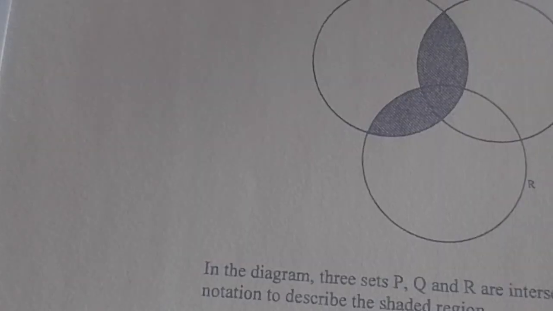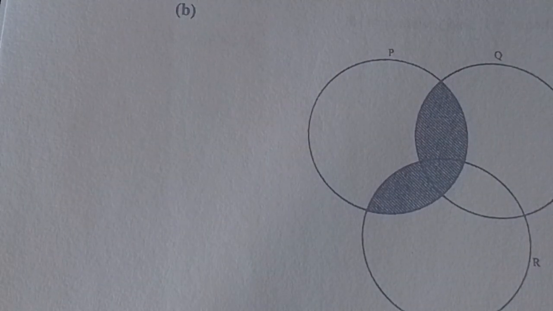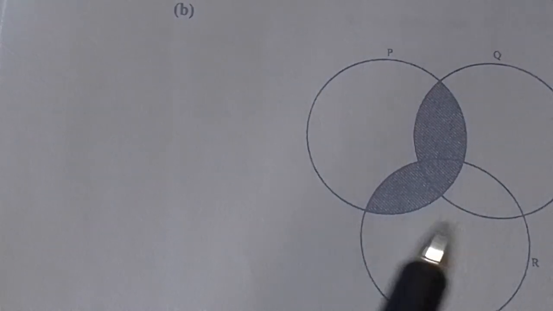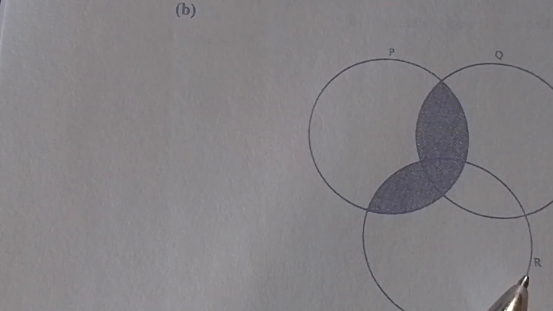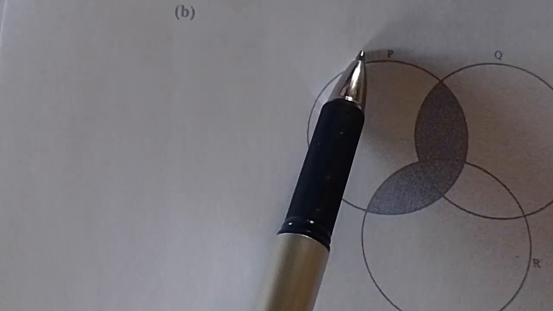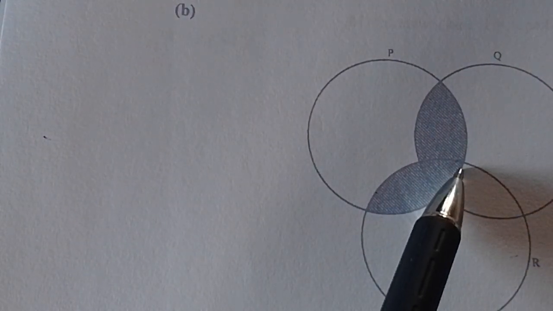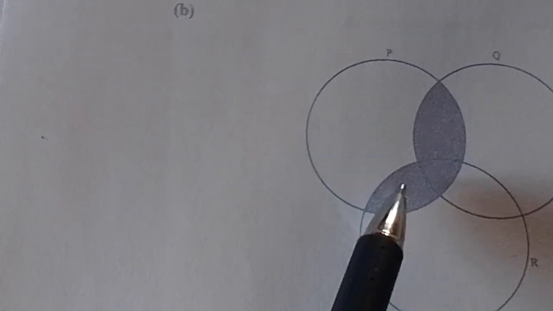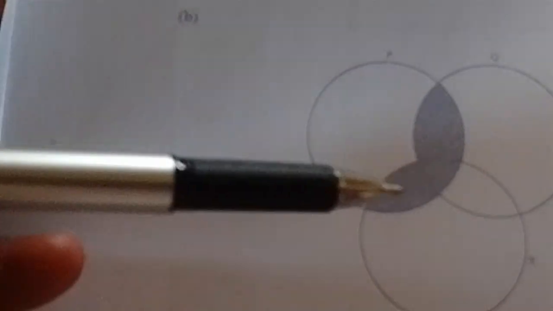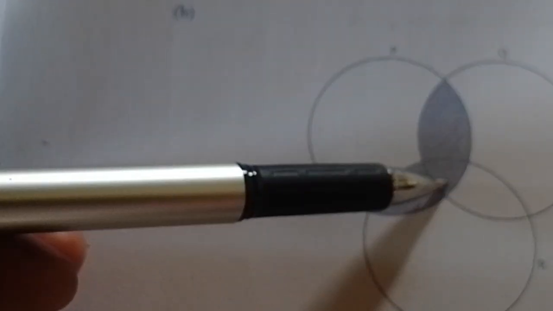Then, in the diagram, 3 sets P, Q, and R are intersecting. Use set notation to describe the shaded region. If you look carefully, this shaded region is P intersection R union P intersection Q. This is P intersection R. Then we combine it with P intersection Q. This is P intersection Q. Union means combining, right?